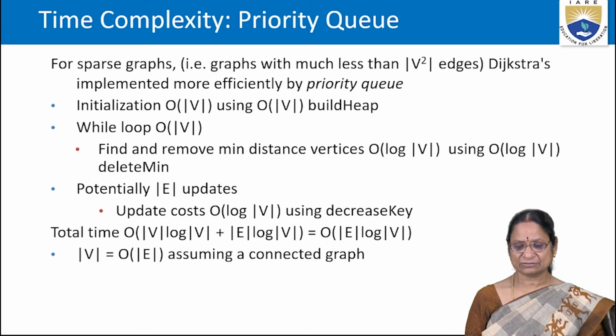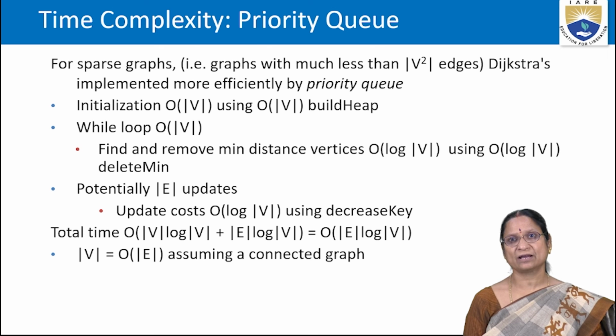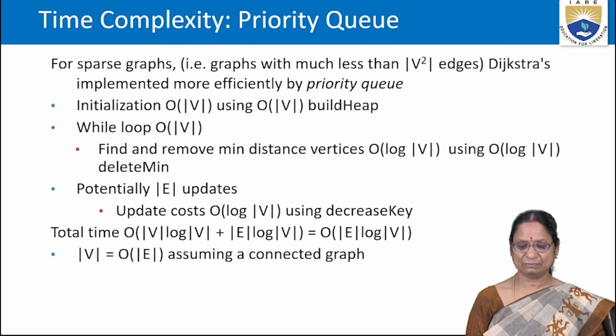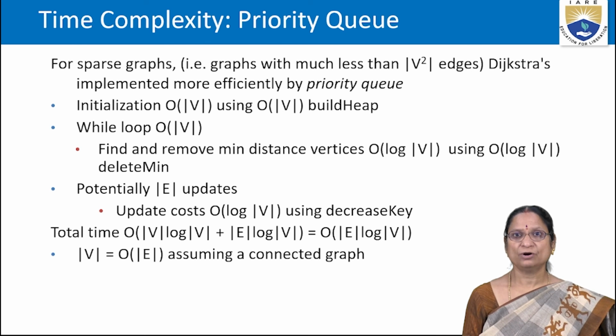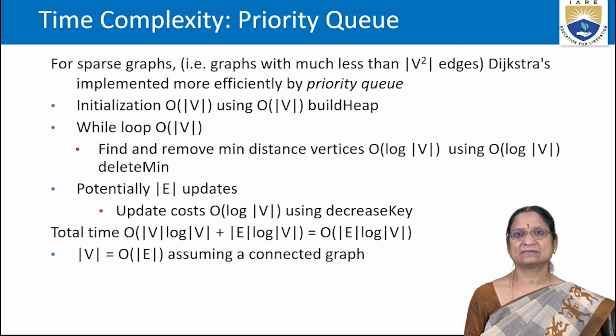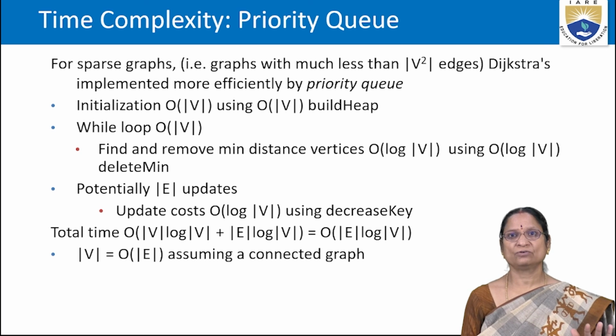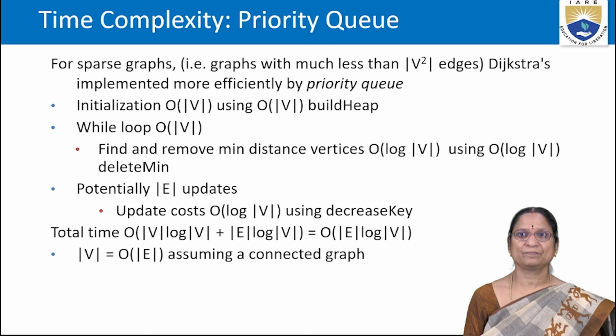So the update cost is here, using a decrease key. That is, the minimum is there, and we are updating the heap, so log mod v will be there. The total time complexity is big O of mod v into log v plus mod e log v.